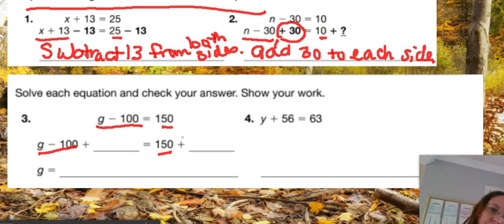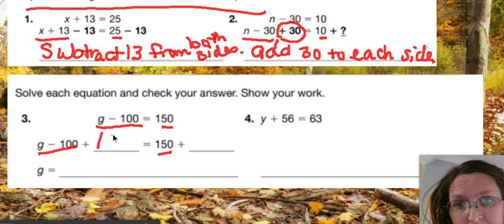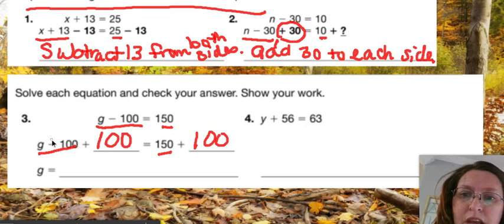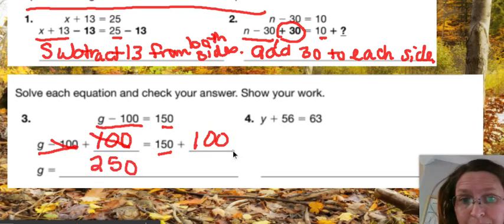So how do I do the opposite of subtracting 100? I'm going to add 100, but I have to do it to both sides. So negative 100 plus 100 subtracts itself out, and 150 plus 100 would give me 250.